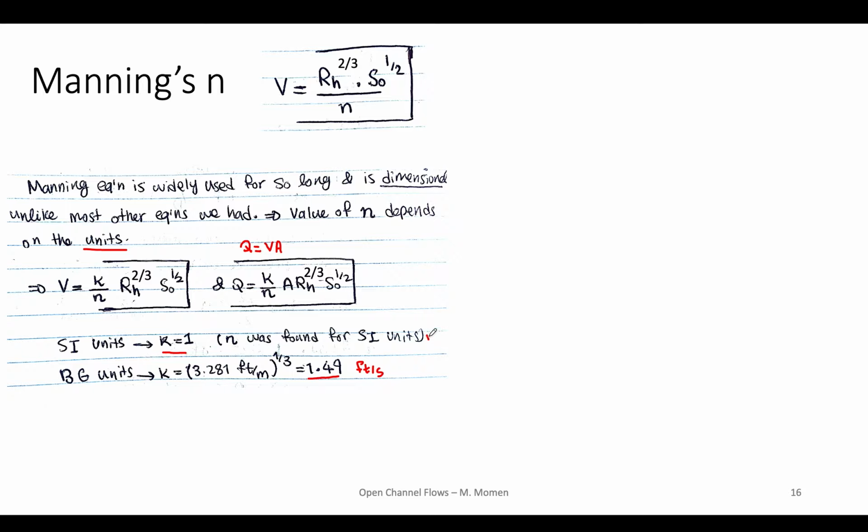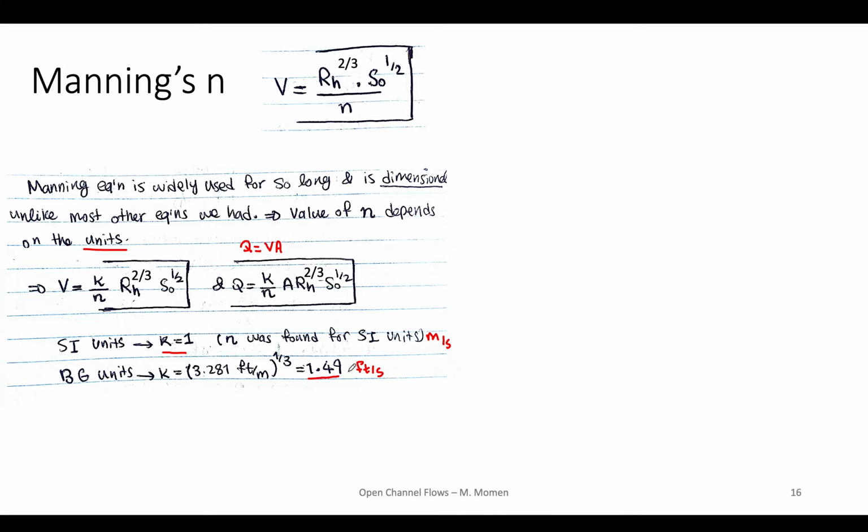And here you will get the velocity in terms of meter per second. So you just set kappa to 1.49, use all the British system units, and you will get the output velocity in foot per second.